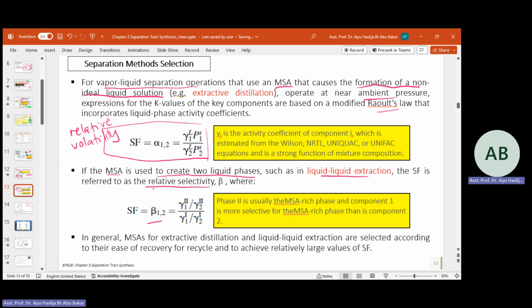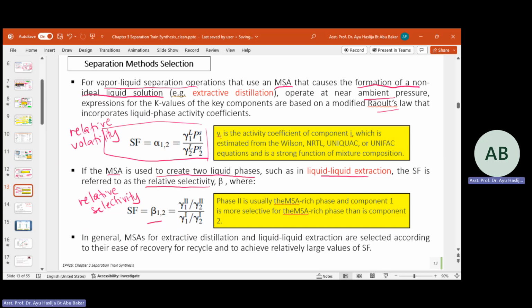But when you add in the MSA, it converts into beta, relative selectivity, because the MSA later on will help in the separation system.